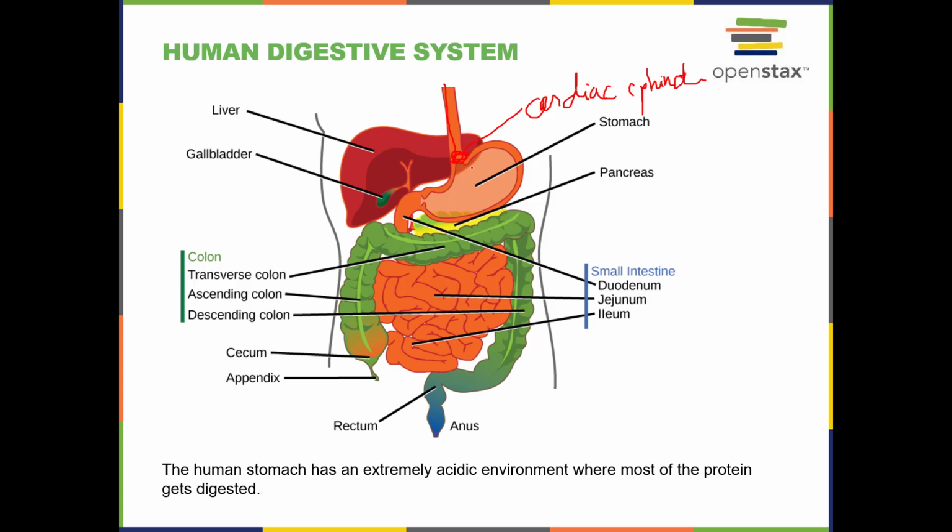A sphincter is a ring of muscle that contracts to close off a passageway. And the cardiac sphincter is not very strong. So sometimes when the stomach is churning, some of the fluid will go back up, and that's called reflux. Your heart is just above the diaphragm, right about here.